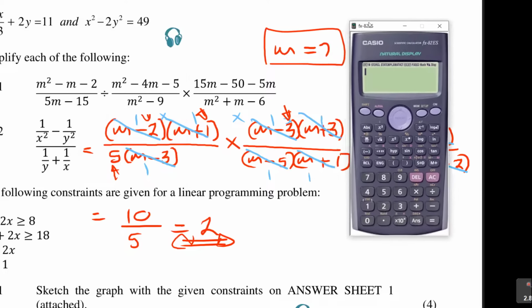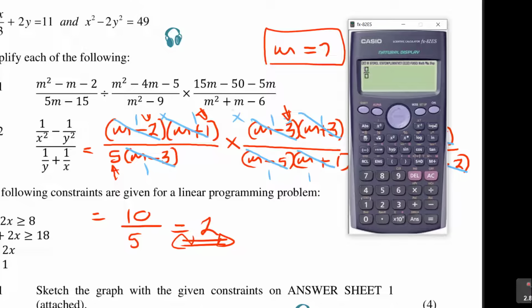So let's do that. So m is 7, right? I hope it's going to fit in because it's quite a lot.